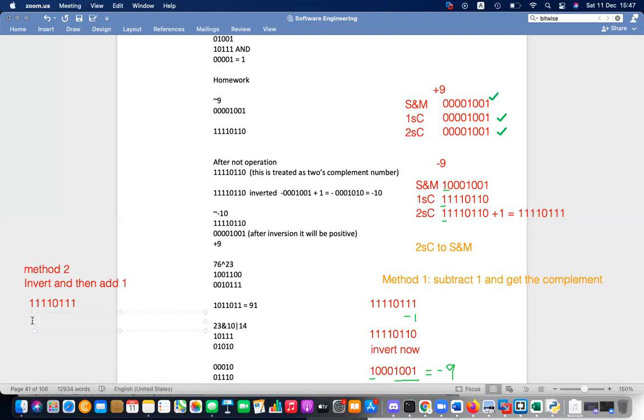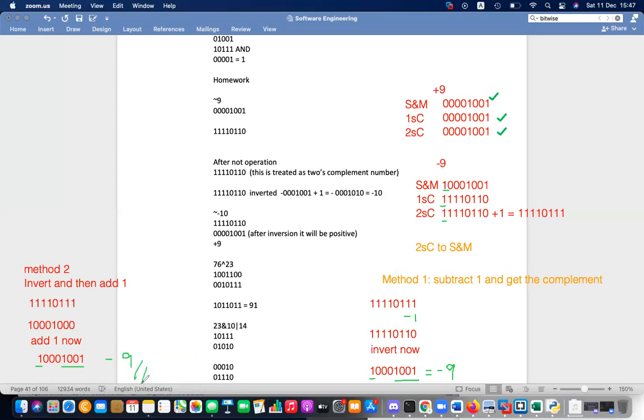Once inverted, you will get 1 0 0 0 1 0 0 0. Then add 1, and now you'll get 1 0 0 0 1 0 0 1. Still you get the same answer: this is minus, this is 9.